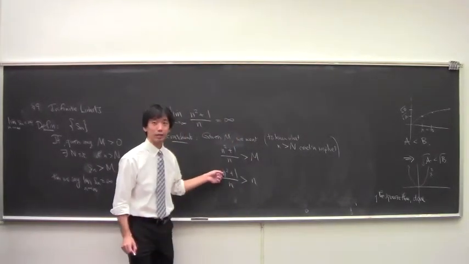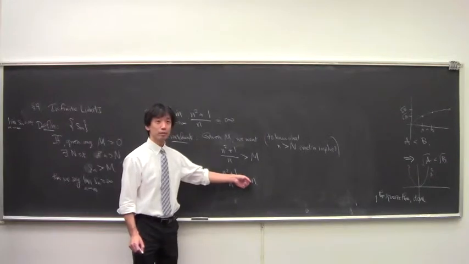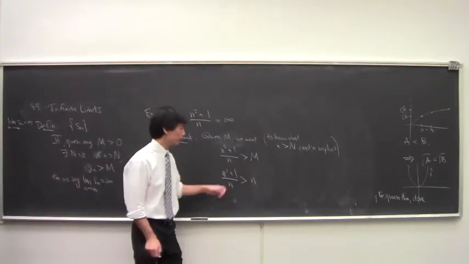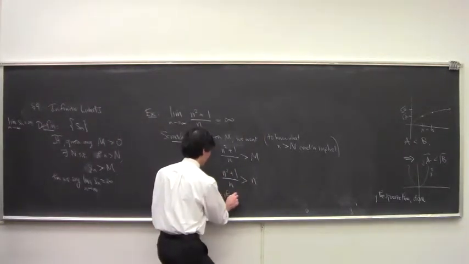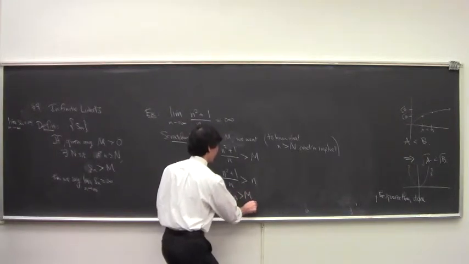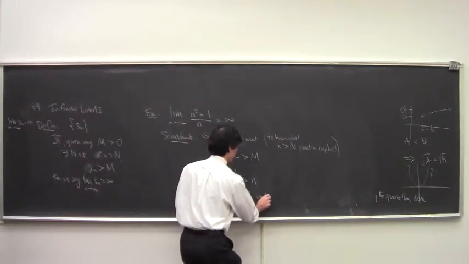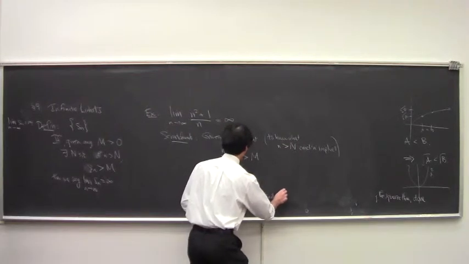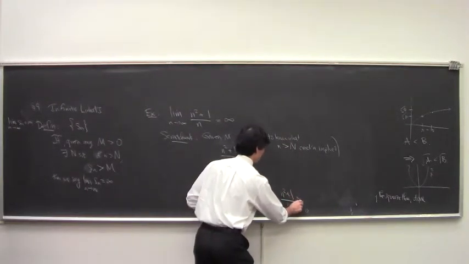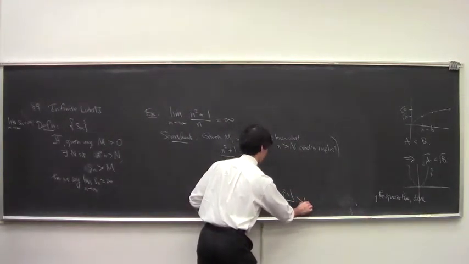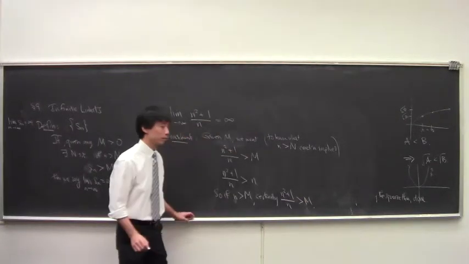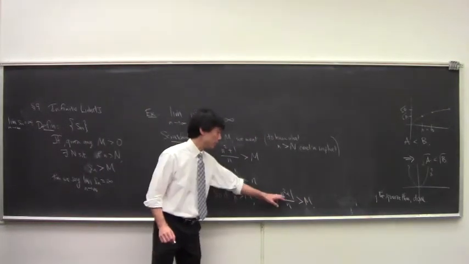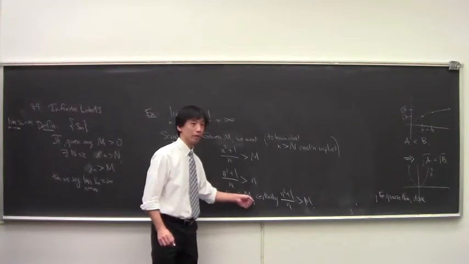So if n is bigger than M, certainly n squared plus 1 over n is bigger than n, because this is bigger than n, and n would be bigger than M.